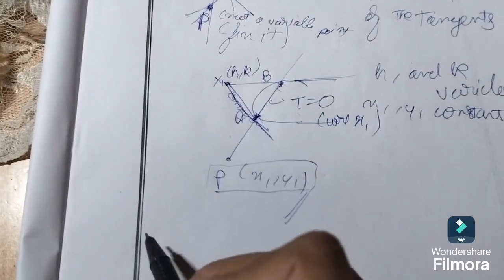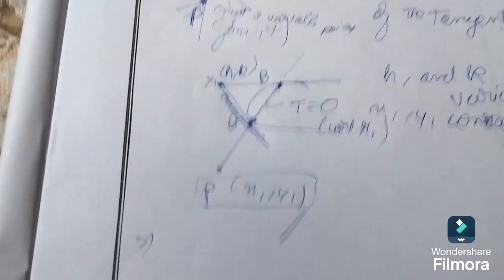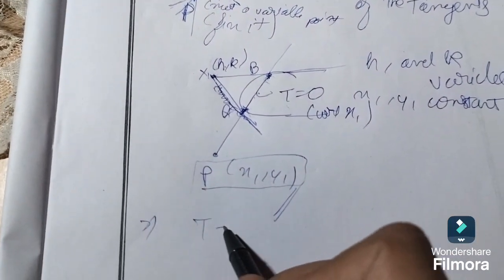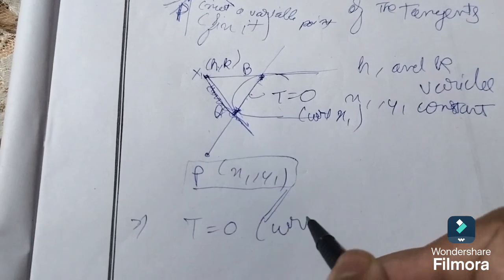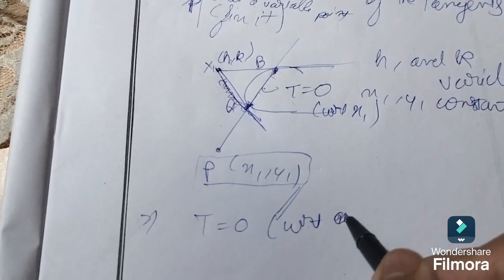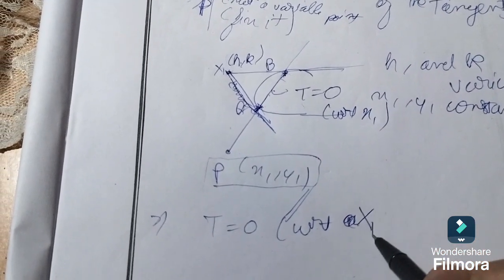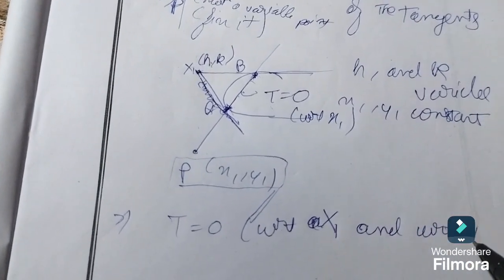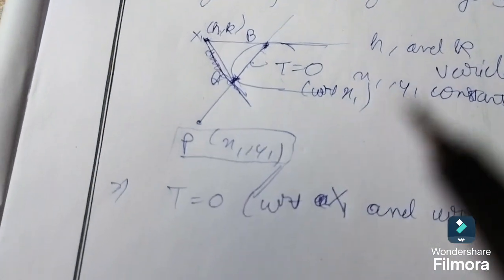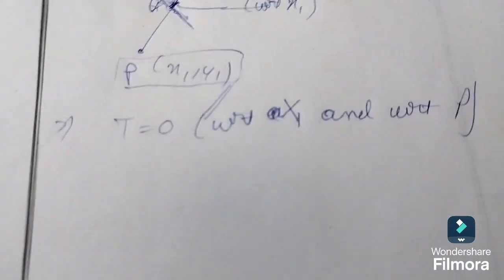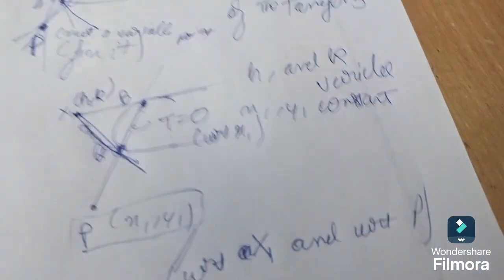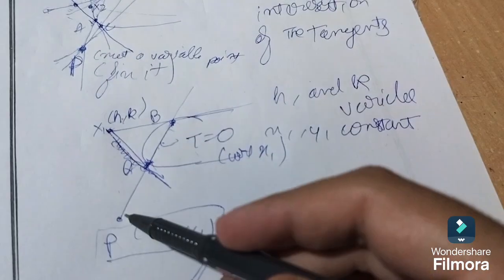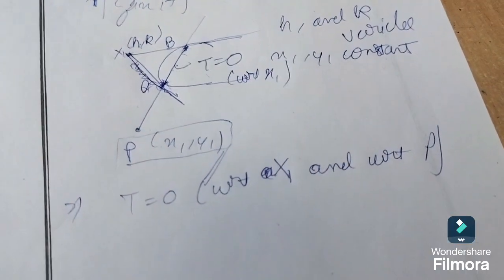Now the thing is, I am saying T is equal to 0 with respect to h, k, and with respect to P also, because P also satisfies it, right? So I have to satisfy P also in that equation, because this is the line in which I have to satisfy P also and this also.